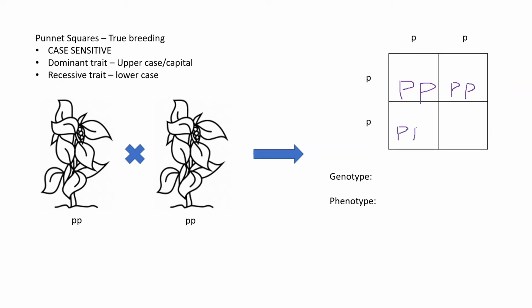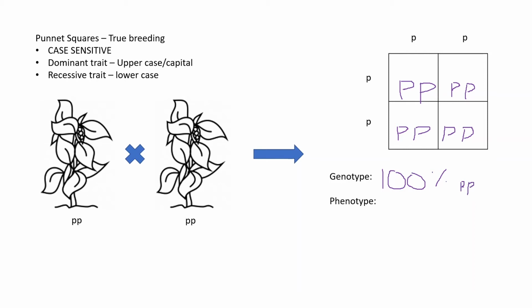All of the offspring produced by these two white flowers will have only recessive alleles. So the genotype is again 100%, but this time it's 2 little p's.